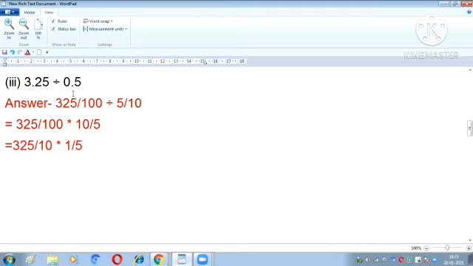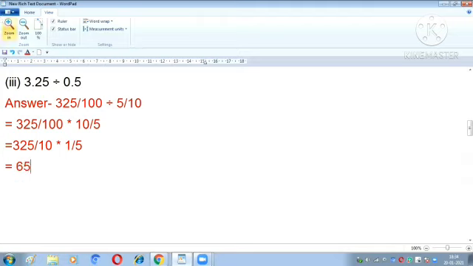Okay. So now we will cancel out 5 and 325. Now how can we cancel out this 325 and 5? By dividing both the numbers. 325 divided by 5, that is equal to 65. Okay.